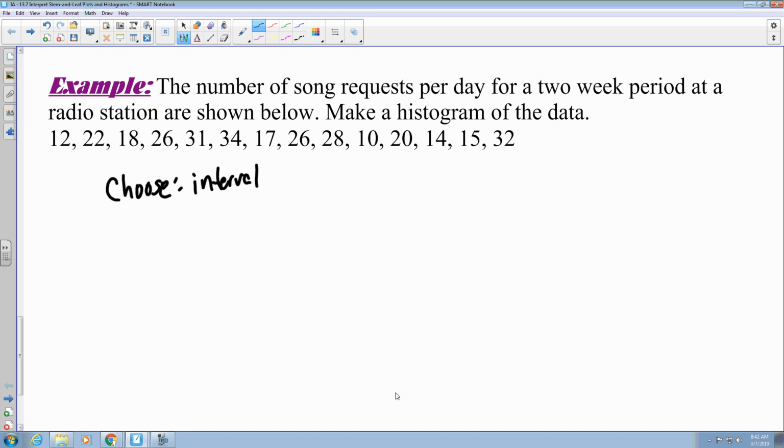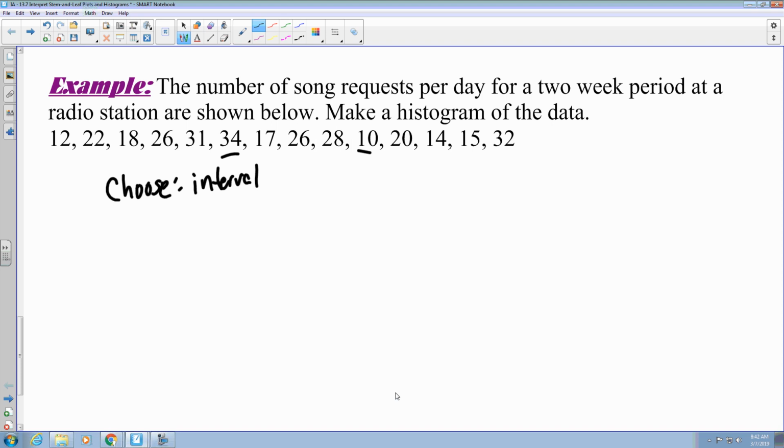And looking at it, looks like the smallest value is 10, and the largest value looks like 34 possibly. Just double checking. Yeah, so 10 is the smallest value, 34 is the largest value.